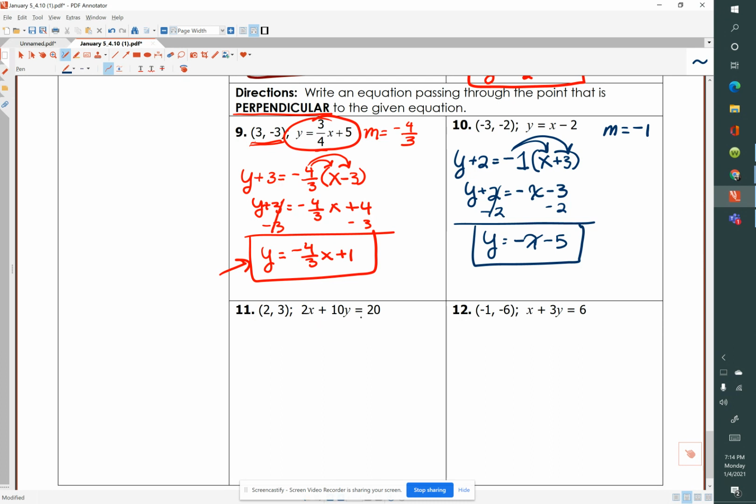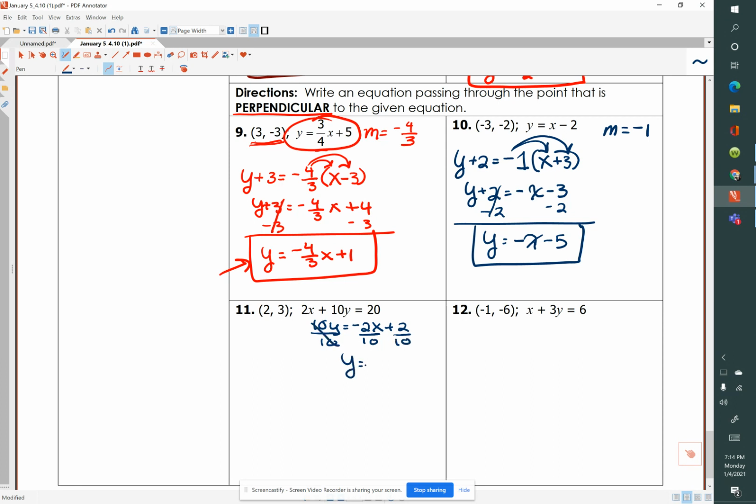Okay, number 11 is in standard form, so let's fix that. We will move positive 2x to the other side to give us 10y equals negative 2x plus 20. And then we'll divide everything by negative 10 so that we can isolate y.